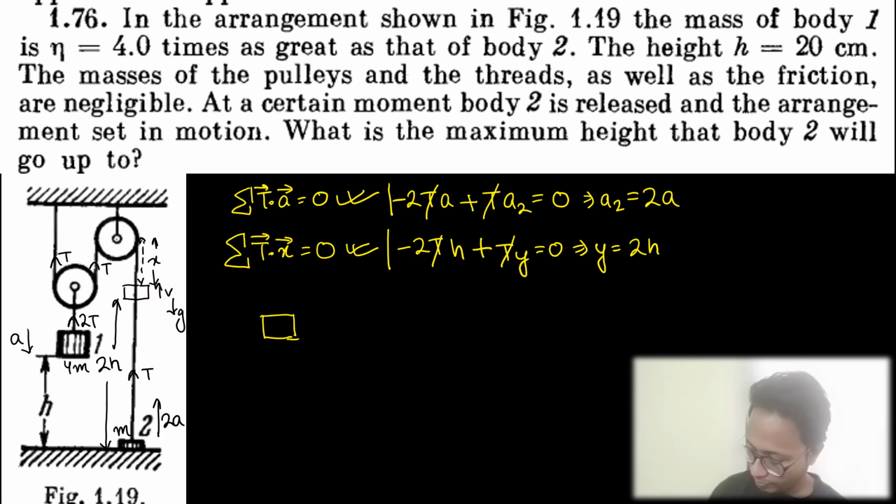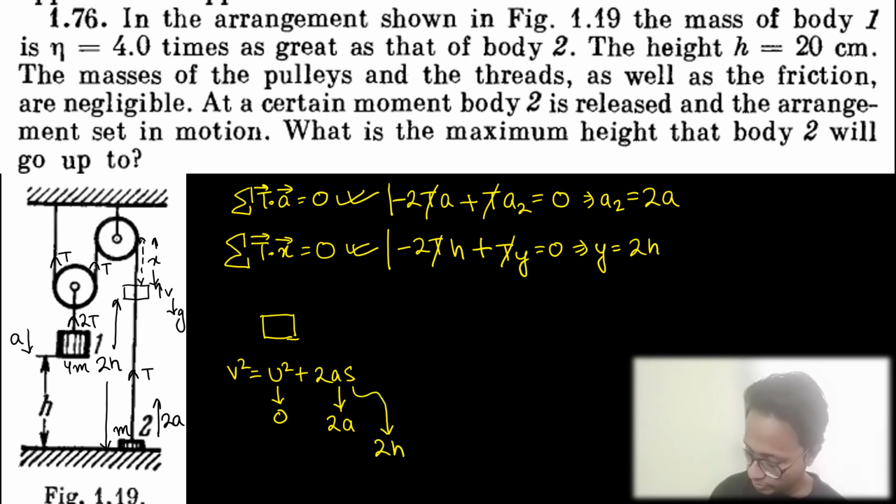So can I do v square is equal to u square plus 2as. The final velocity I have to find out. Initial velocity is equal to 0. Acceleration is nothing but twice the acceleration of this value, and s is nothing but, what is the value of s? 2h.